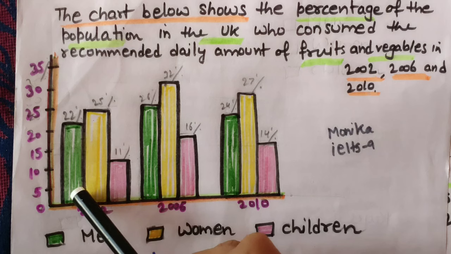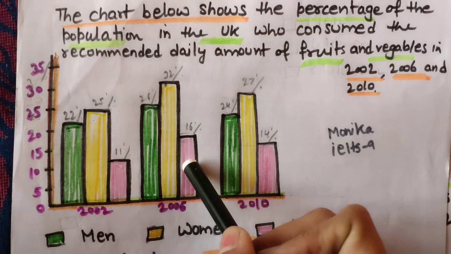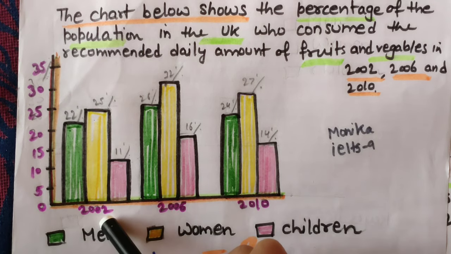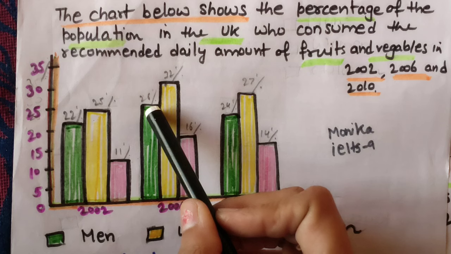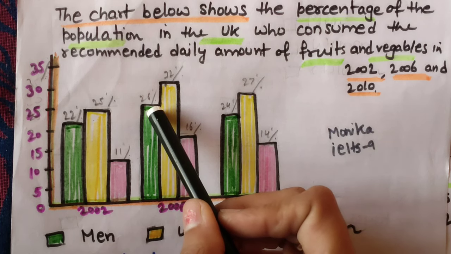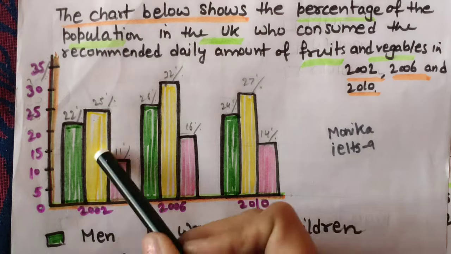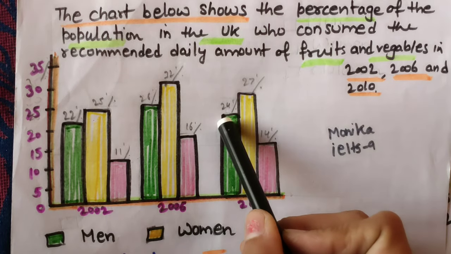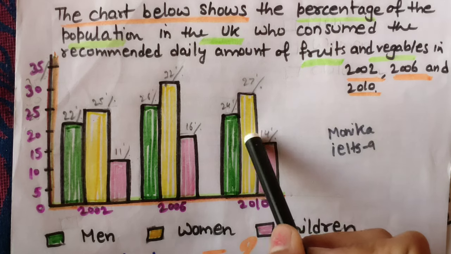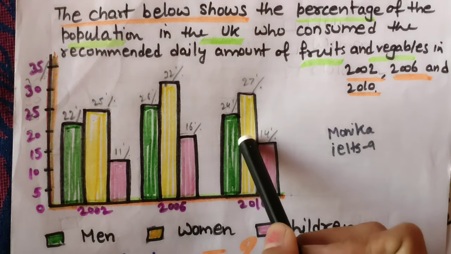Here we can see from 2002 to 2006 all categories are going up. In 2002 men were consuming 22%, and here it is a 4% increment, means 26% they consumed in 2006. From here to here it is an upward trend. But in this part the bar graph is going downward. It is showing a downward trend.